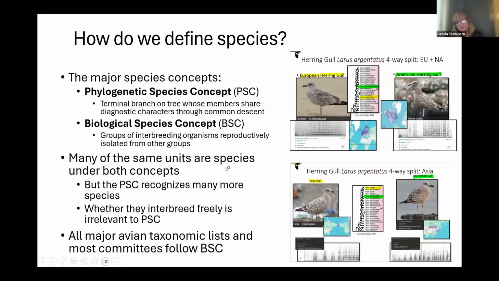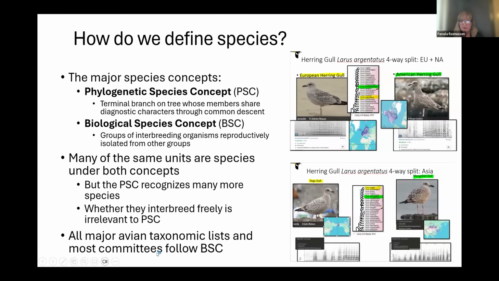And many of the same species will be recognized whichever concept you use, but not all of them by any means. Maybe two-thirds more are recognized by the PSC. It's a historical fact that the avian taxonomic lists follow the BSC.